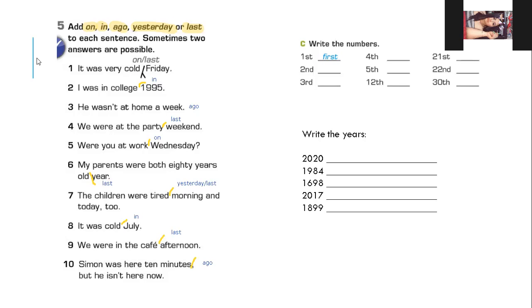Okay, now let's go to this exercise where it says write the numbers and write the years. Les voy a pedir que me ayuden usando sus herramientas to complete these exercises here so everybody can see it, okay? So please help me and write the cardinal numbers and the years.